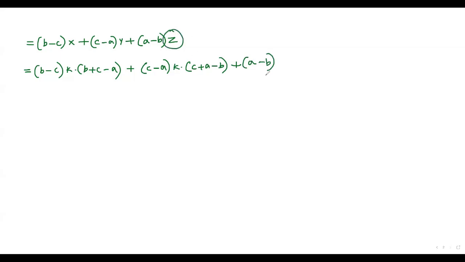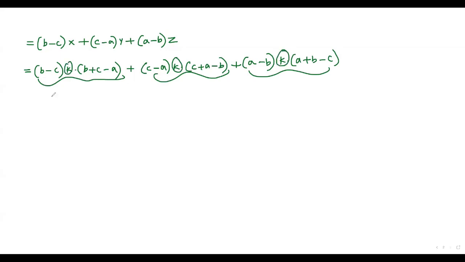For this z, we can plug in k times (a + b − c). Okay, when I look at the first term, the second term, and the third term, all of them are multiples of k, because in each term k is multiplied. Since all of them are multiples of k, we can factor k out. When I factor k out, in the first term we have left (b − c) times (b + c − a).